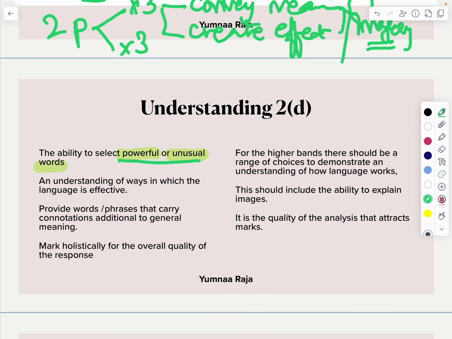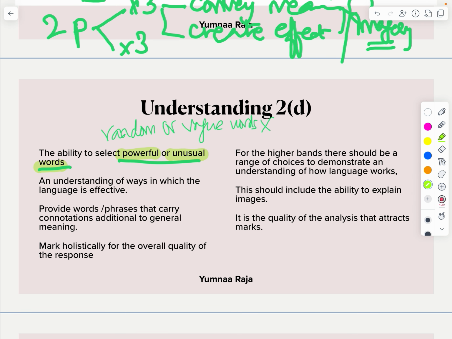What do we mean by that? Powerful words or phrases means any word that signifies a very strong idea. Random or vague words just won't do. So please keep in mind that we are looking at slightly interesting, engaging words.